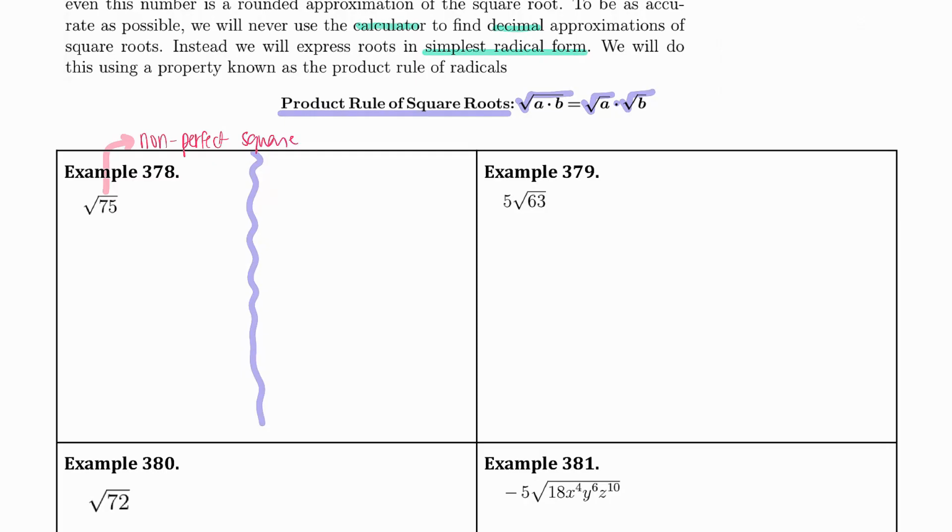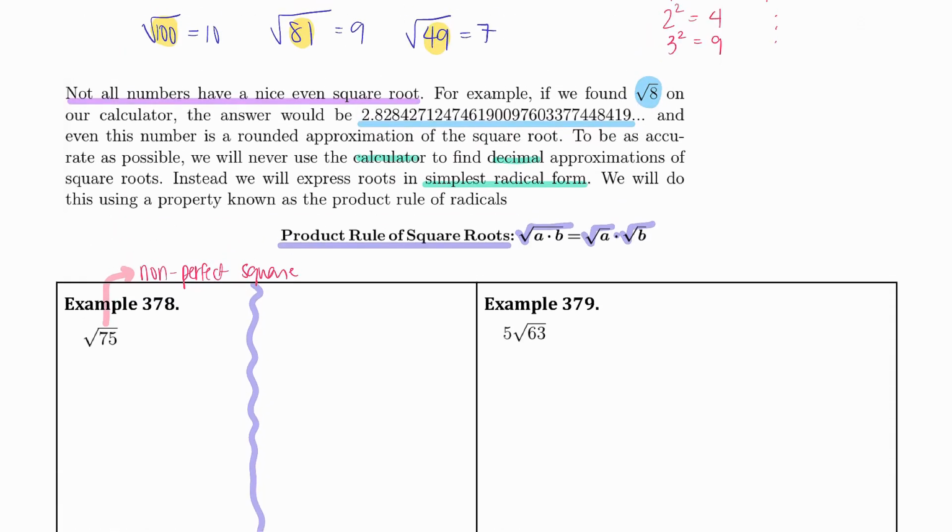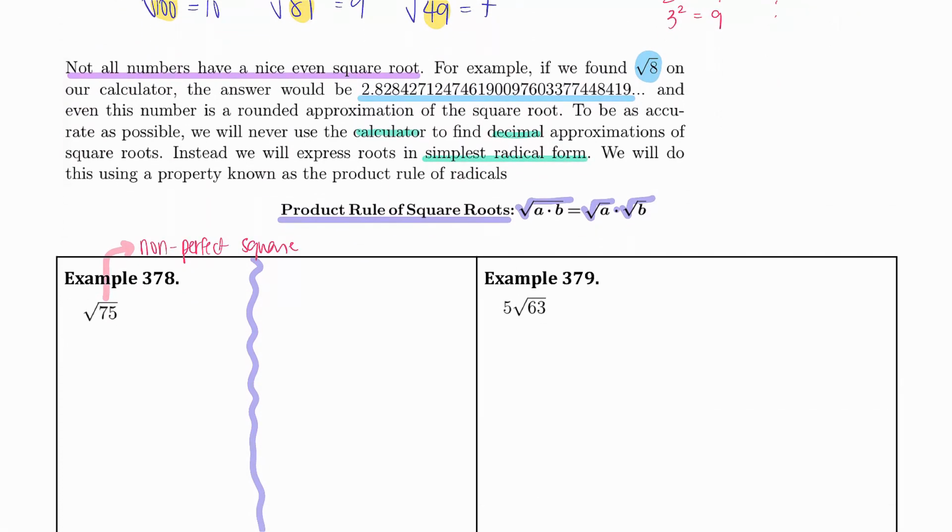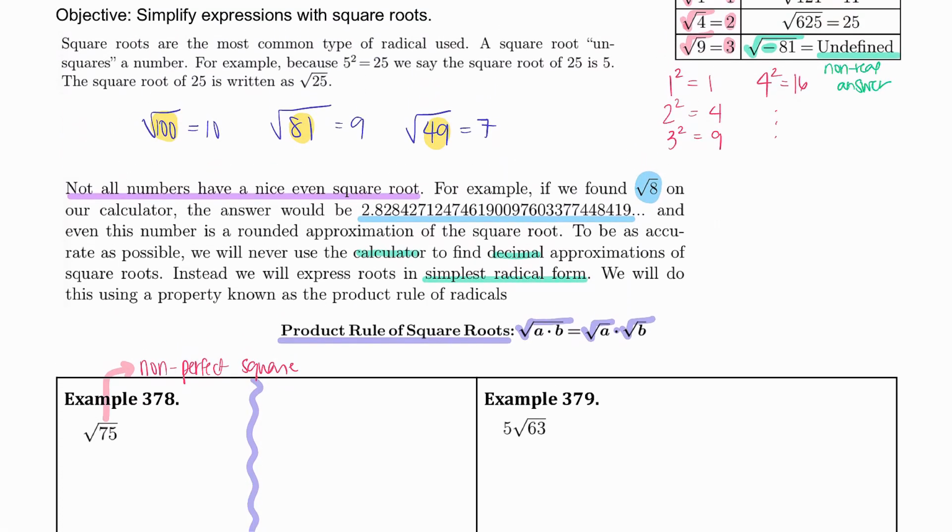So if we want to simplify this, if we don't want the decimal approximation, the first way I'm going to show you is to use a perfect square that we know, and it might be helpful to list some of our perfect squares. 1 squared is 1, 2 squared is 4, 3 squared is 9. If we keep going, 16, 25, 36, 49, 64, 81, 100, 121, 144, and so on.